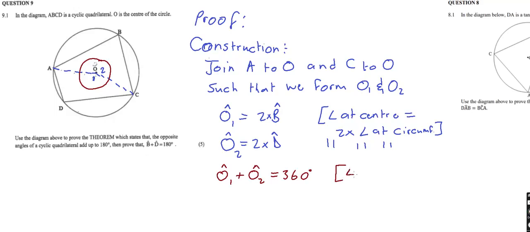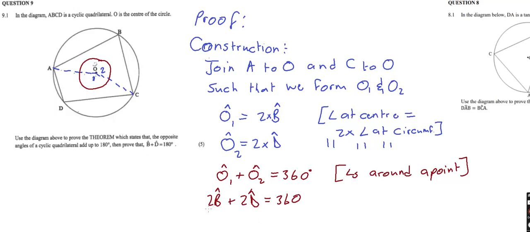So we can say angles around a point, or you can say angles in a revolution. But we know that O1 is 2B, and we know that O2 is 2D, and this is 360.